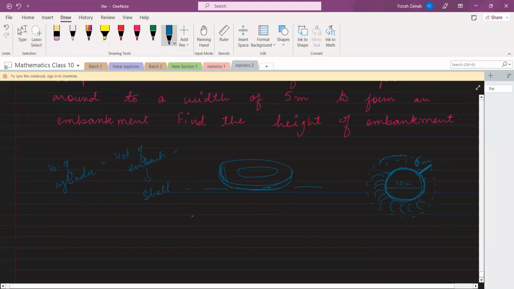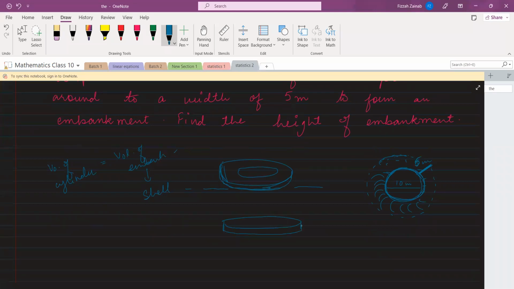It looks like this, Martin. Although it is also in the shape of a cylinder, the height is quite less. Is that clear? Yes, ma'am. And it is of this shape, right? So basically, if you want to find this, you have to find the volume of the outer cylinder minus the volume of the inner cylinder. Understand?